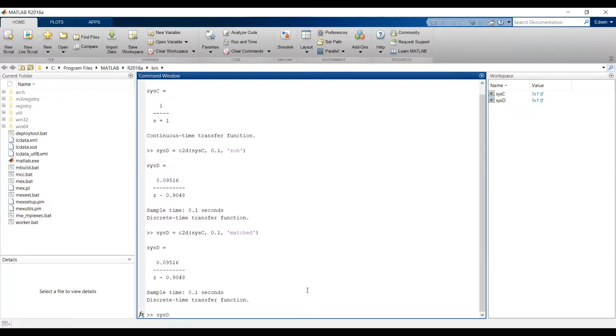So sysD is equals to, again using the C2D function, sysC, sampling time is 0.1, and my method is now Tustin. So when I execute this, I get 0.04762 z plus 0.04762 divided by z minus 0.9048, which is the same result that we got by working it out by hand.